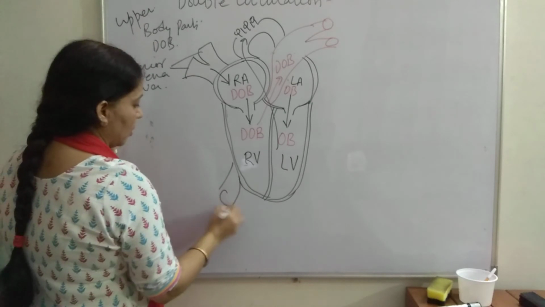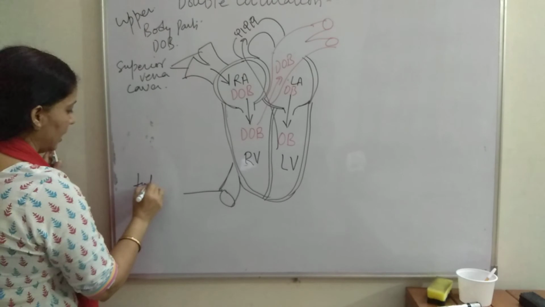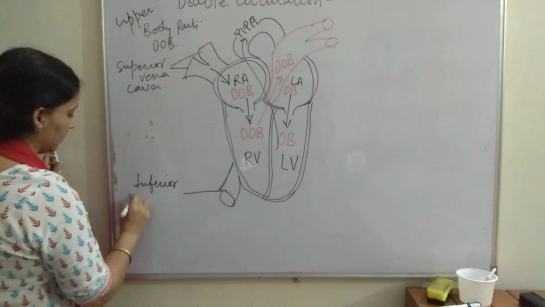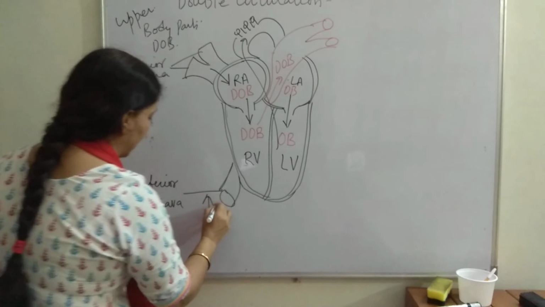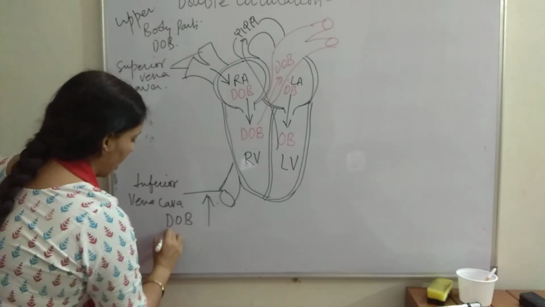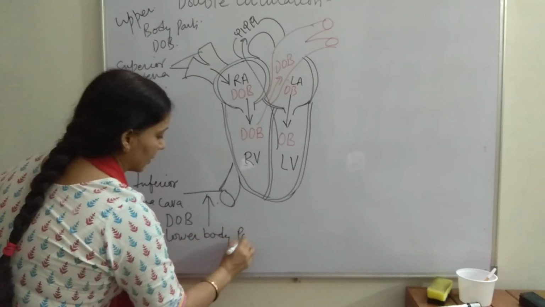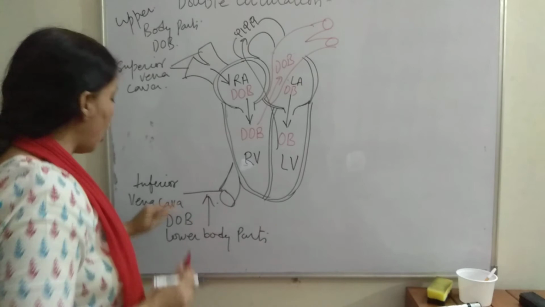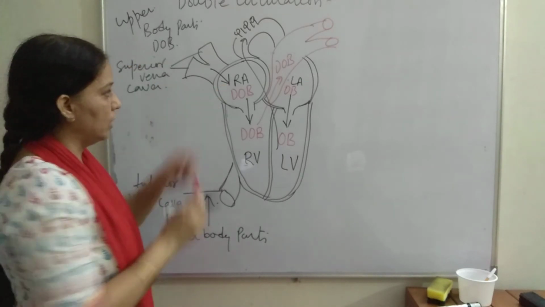And there is one more vena cava, that is called inferior vena cava. It is collecting blood. What type of blood? Deoxygenated blood from lower body parts. So all deoxygenated blood from upper and lower body parts is carried to the right atrium.